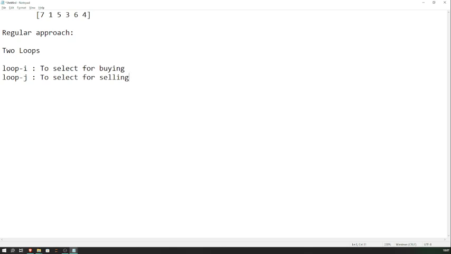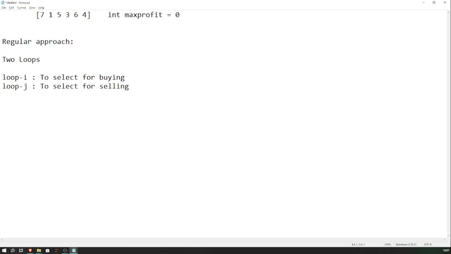Okay, and then let's calculate profit. It's simple. So what we will do is initialize a variable, int maxProfit is equal to 0. Okay, we will initialize this.